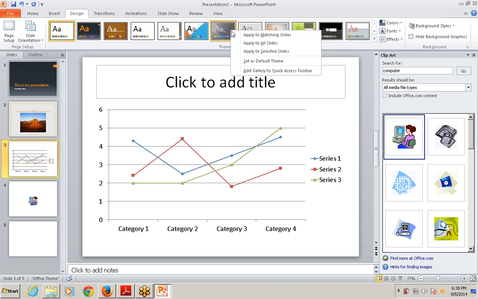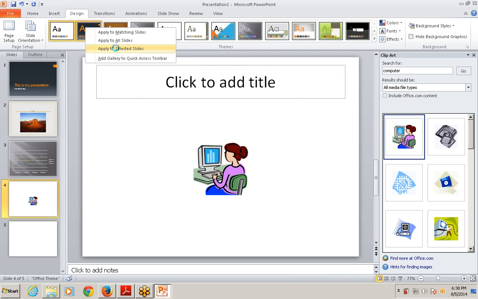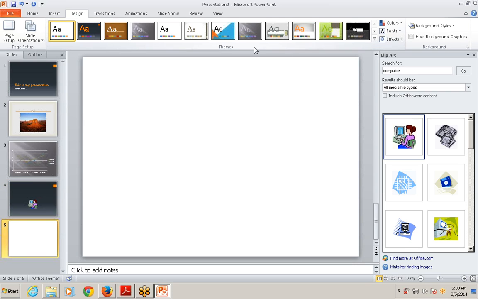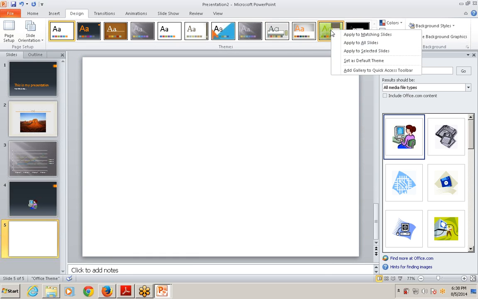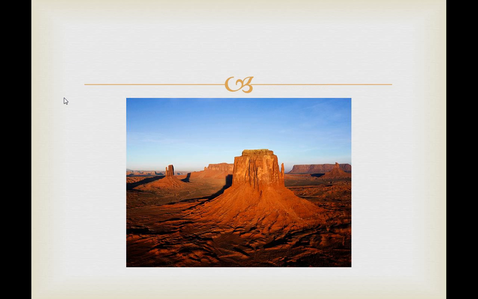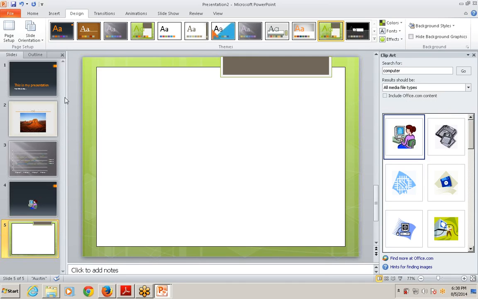If I am using this one, selected slide, this is the next one. If I want to use this one, simply right click, apply to the selected slide. This is how we can create the different styles. This is the first slide, then next slide, next slide, next slide. So this is how we can apply the themes to the presentation.